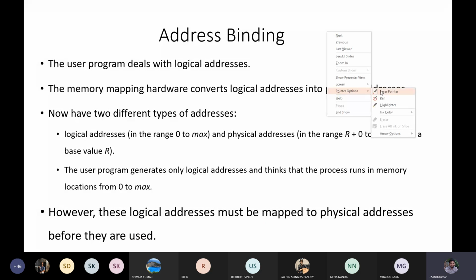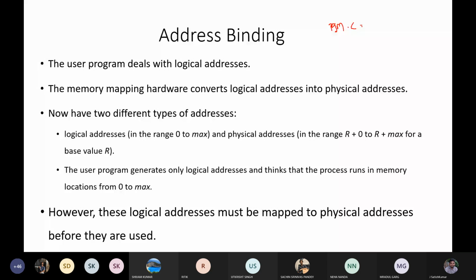Suppose you are writing a program and saving it as program.c. This program needs to execute, including all the variables, arrays and structures you declare. For all these declarations, some memory will be allocated.